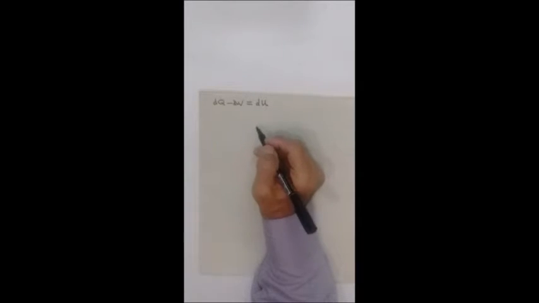If there is an increase in internal energy, delta T is positive, and if there is a decrease, delta T is negative.